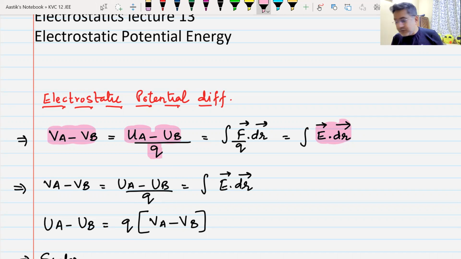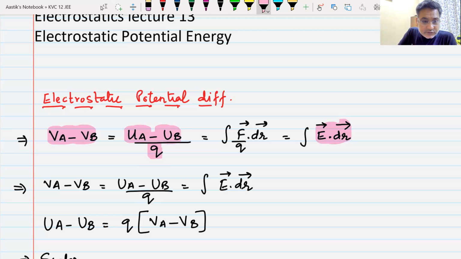UA minus UB is work done divided by Q. F dot dr divided by Q. F by Q becomes your electric field, and this is the revolutionary relation between electric potential and electric field, which I have already told you.